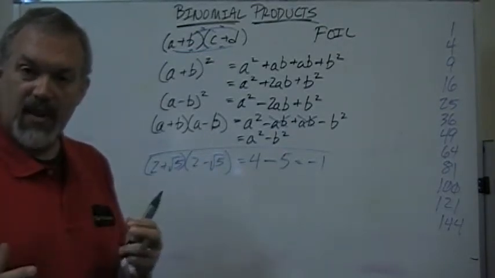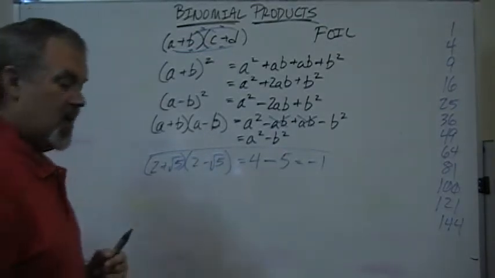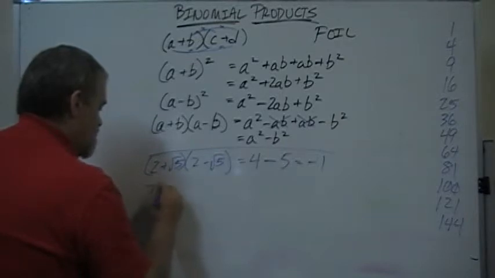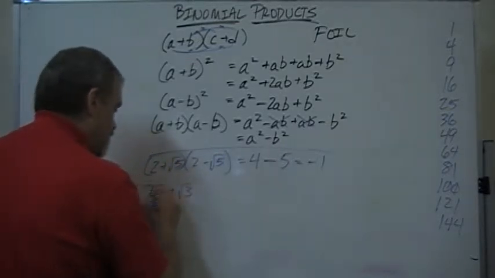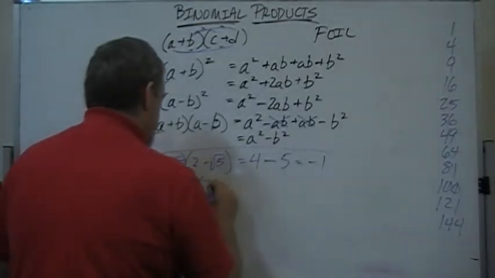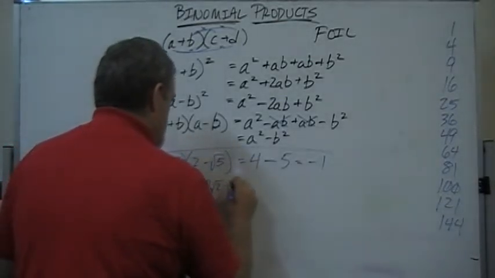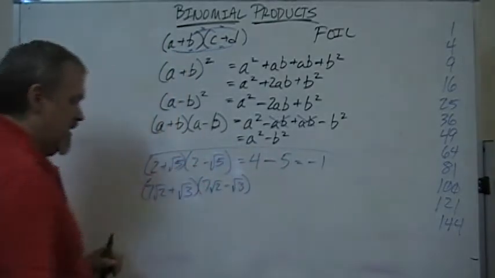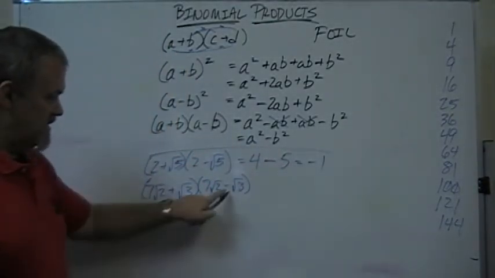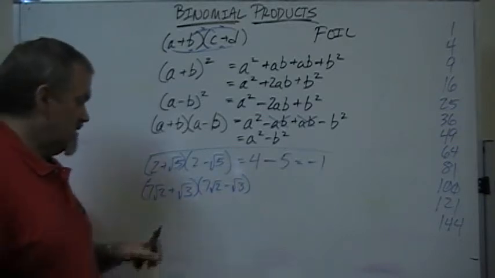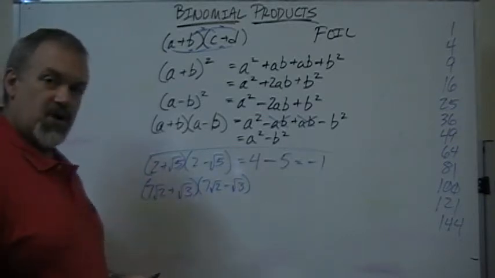Even with more complex surds, we can still do the same thing. Let's try 7 root 2 plus root 3 times 7 root 2 minus root 3. Again, you notice these are the same, and it's plus and minus in the middle. So we start with squaring the first term.